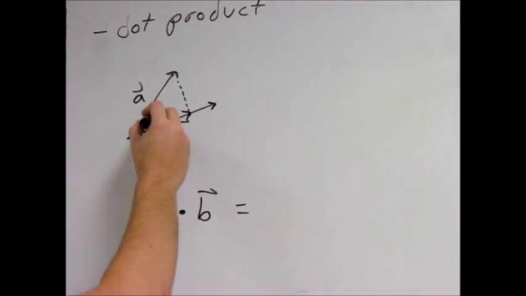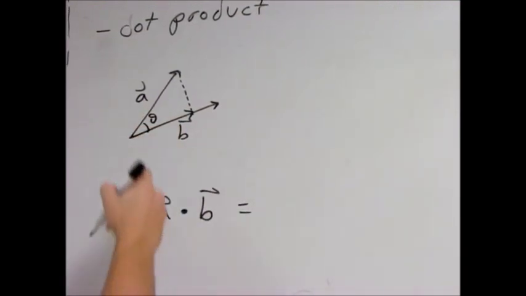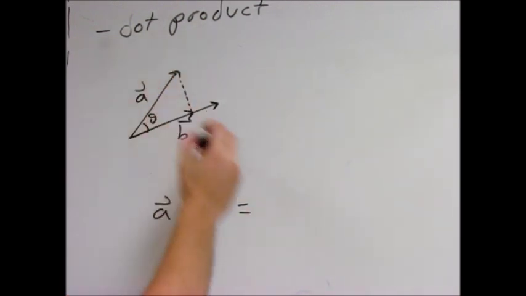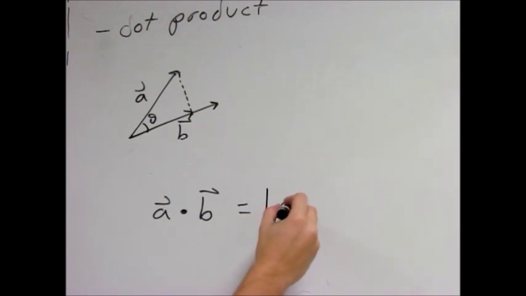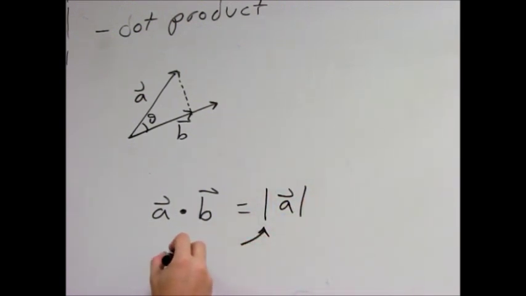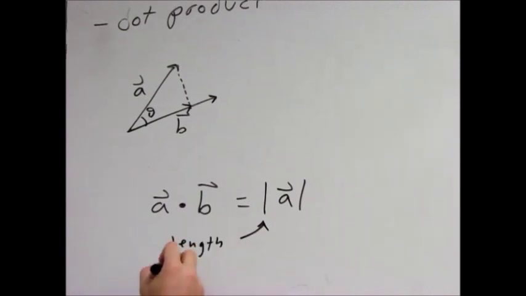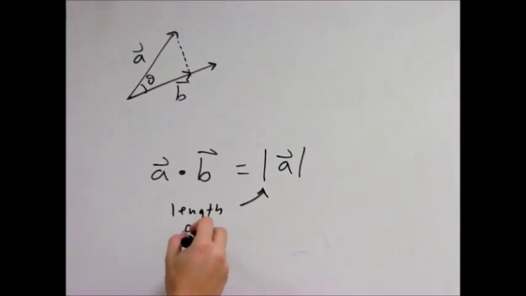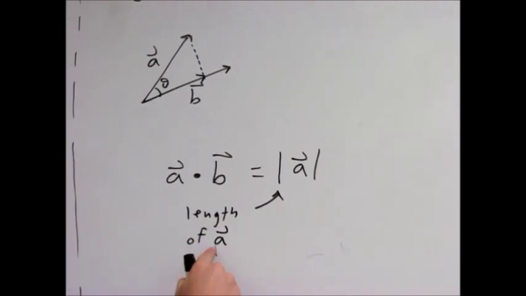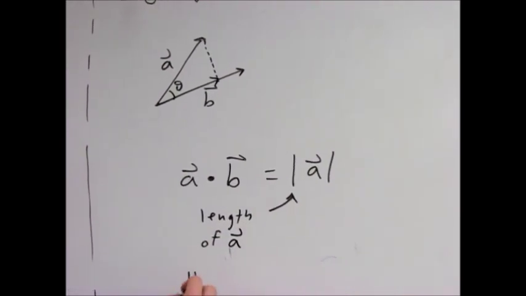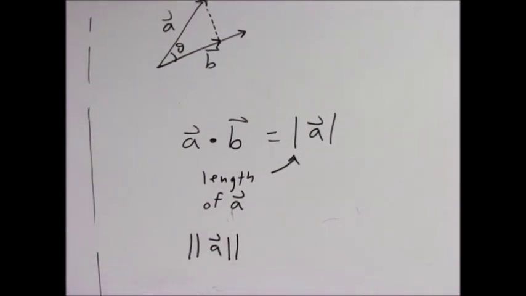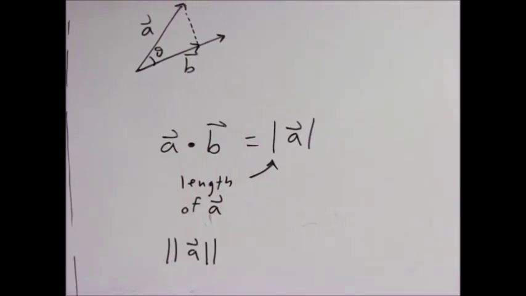Or if you think about this as an angle between the vectors theta, then this would be, or I take the absolute value or length, this represents the length of A, of vector A. Also could be like this, with two lines, so it doesn't look like the absolute value.